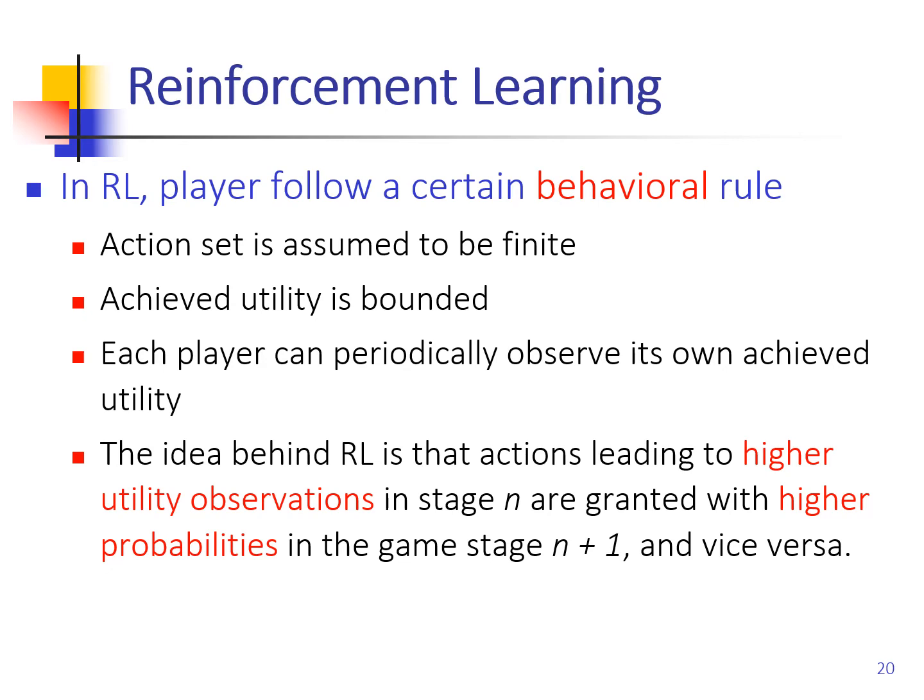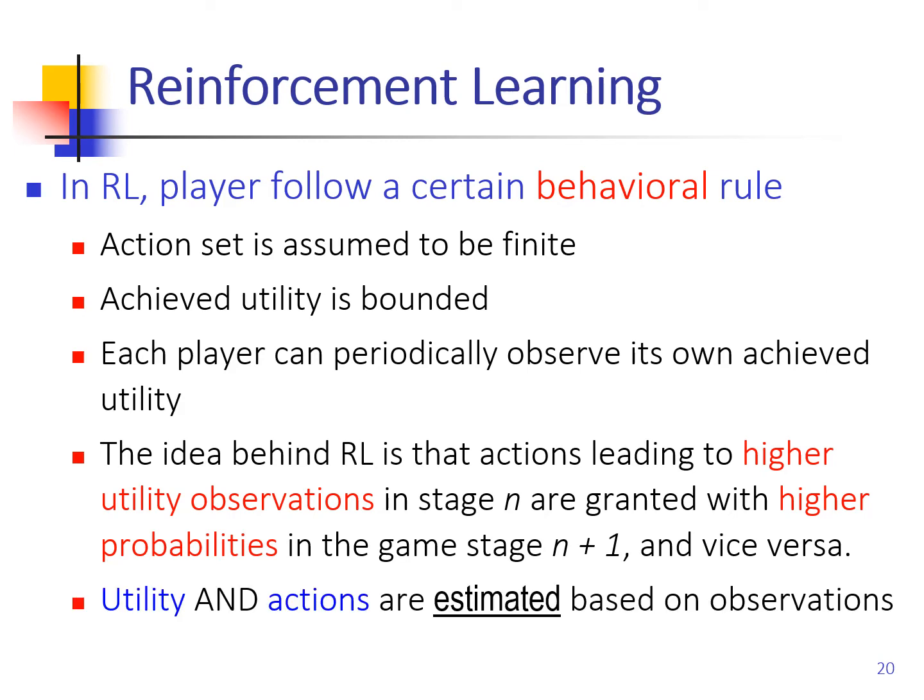The action that gives you higher reward will be chosen more often than the actions that lead to lower reward. And what we will be interested in is estimating the utility of every agent and the action that it will choose based on local observation.